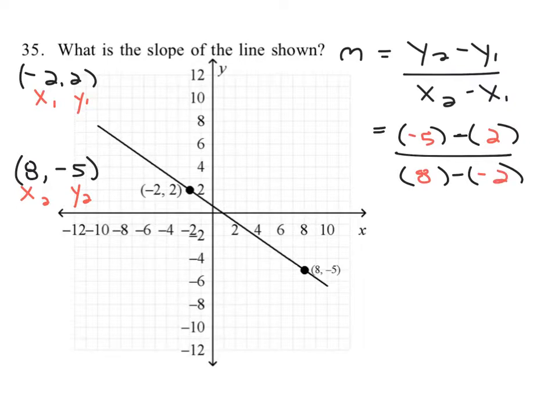And then when we simplify those, we've got m equals negative 7 over 8 minus negative 2, or 8 plus 2, 10. So we've got a slope of negative 7/10.